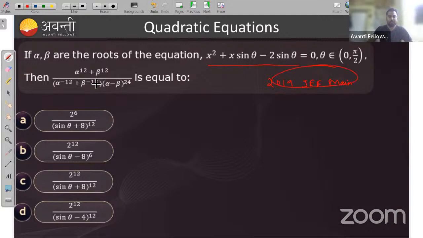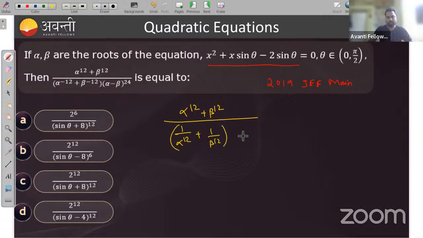Just see. So the given expression is alpha to the power 12 plus beta to the power 12 upon, can I write this as 1 upon alpha to the power 12 plus 1 upon beta to the power 12, into alpha minus beta to the power 24?